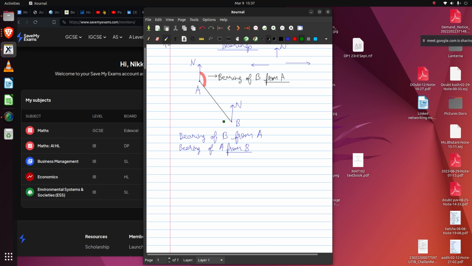I can't go anti-clockwise. So if I go clockwise and keep going until I reach the line joining A and B, this entire angle which I have marked here, the green one, is the bearing of A from B, because I started at the north of B and kept on going until the line joining A and B.